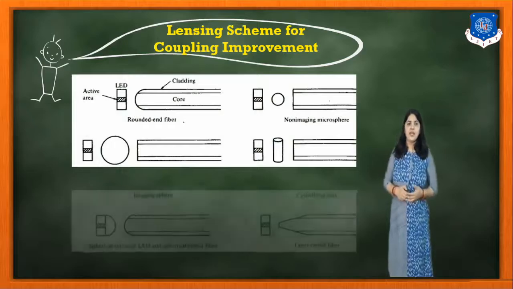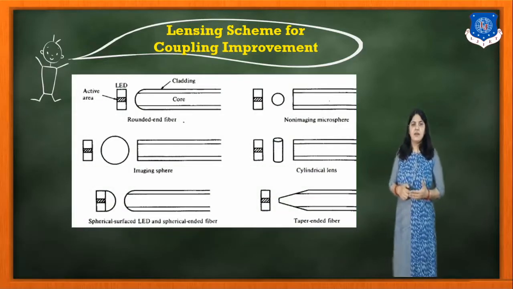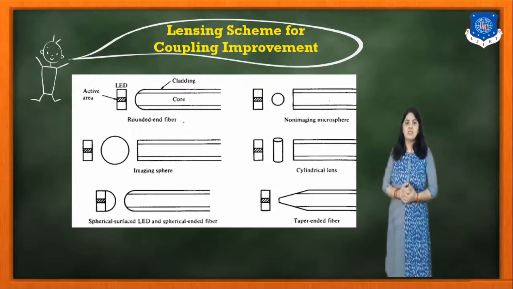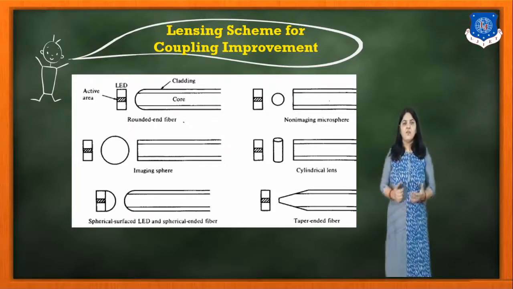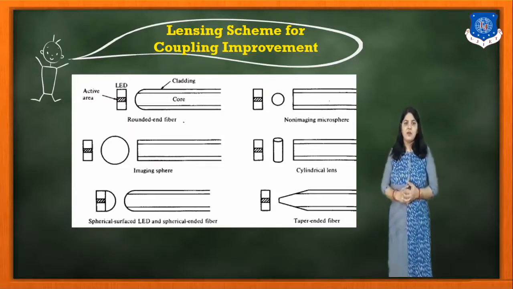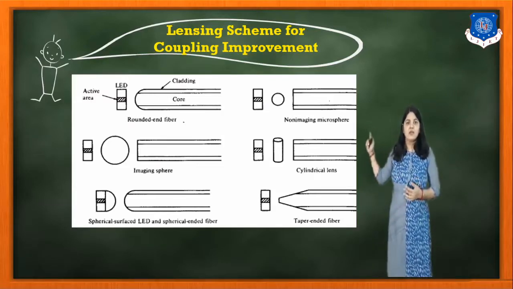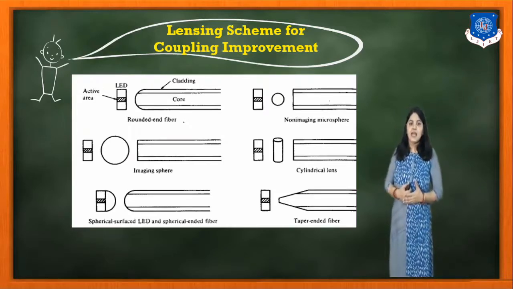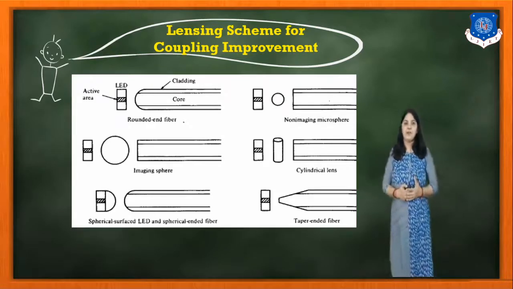Here in the diagram, you can see three particular schemes shown to us. The first one is the rounded end fiber. The second one is the imaging sphere. And the third one is the spherical surfaced LED and the spherical ended fiber.